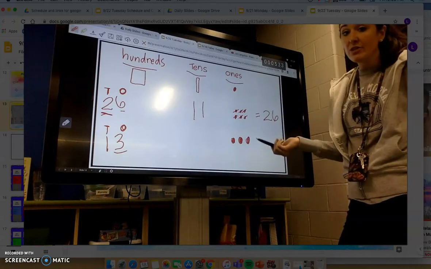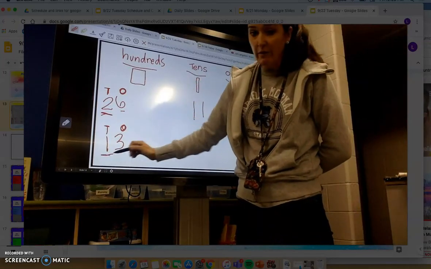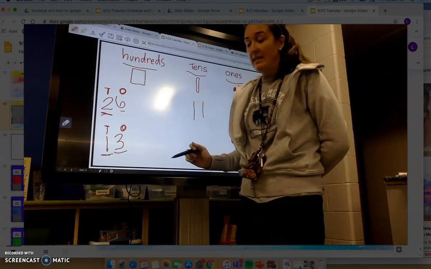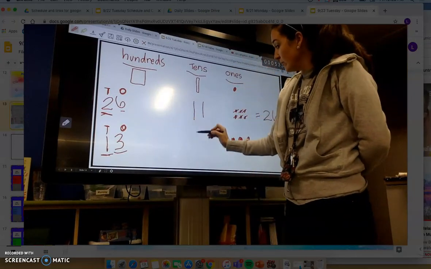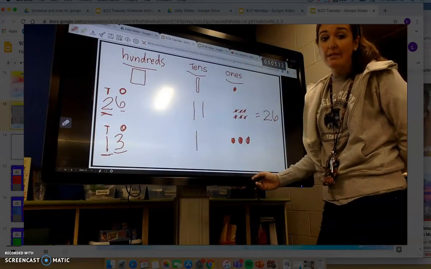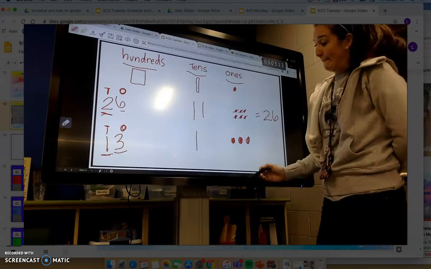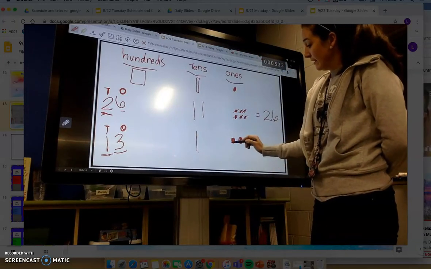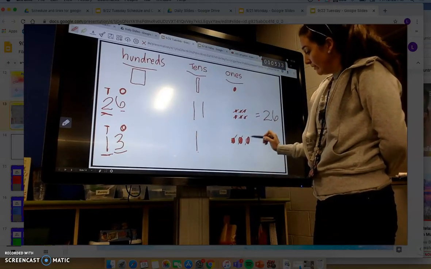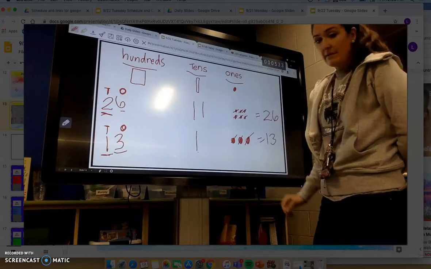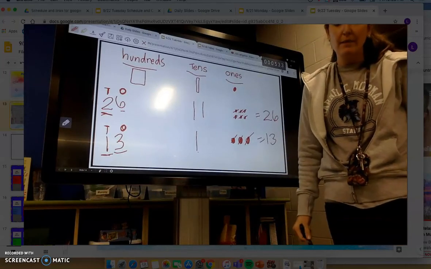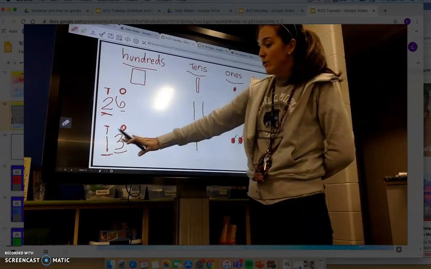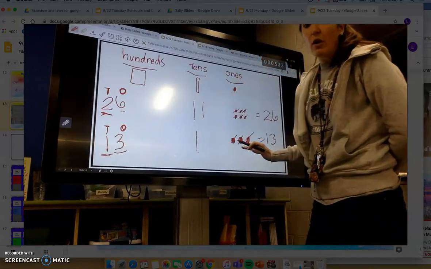And I'm not finished because I got to represent my tens column. So I've got 1 over there, so I draw a 1. And so we can count this to check our work. 10, 11, 12, 13. Okay, and that equals 13.